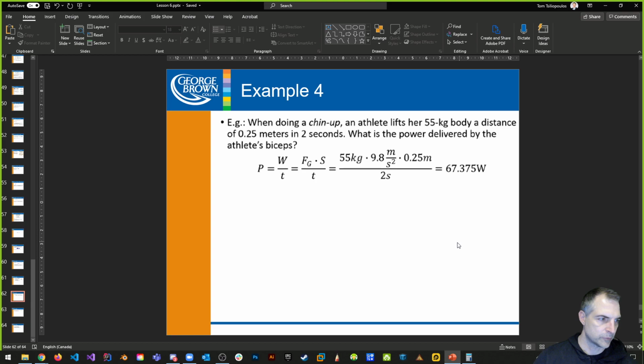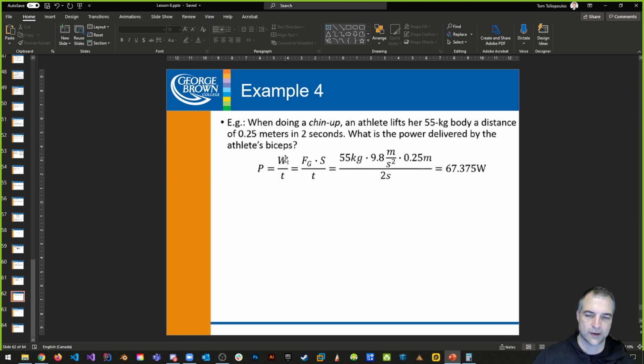I think this is the last one, and the last two are for you. When doing a chin-up, an athlete lifts her 55 kilogram body a distance of 0.25 meters in 2 seconds. What is the power delivered by the athlete's biceps? That's interesting. Power, we know, is work over time.